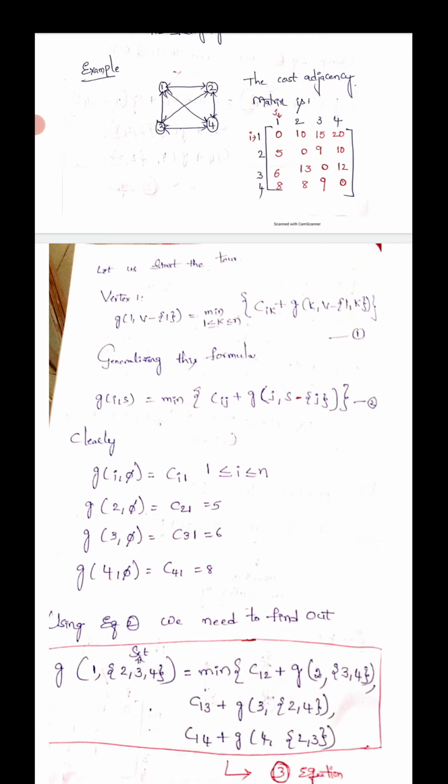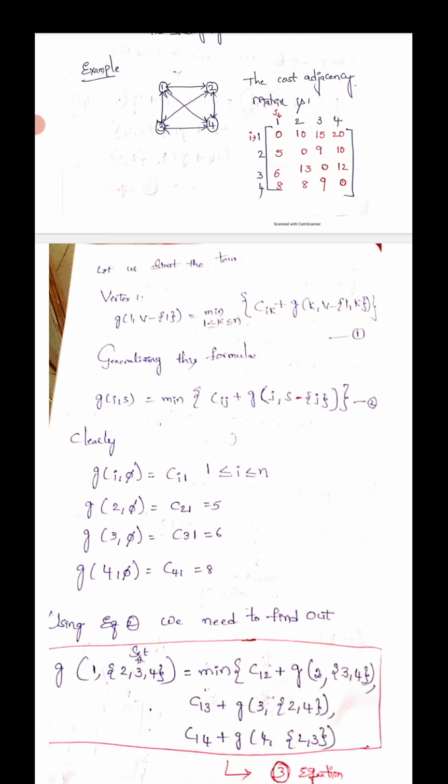Clearly, we can study g(i, ∅). Look at this cost adjacency matrix. Here i denotes the row side and j the column side. g(i, ∅) is assigned c_i1, for 1 ≤ i ≤ n.